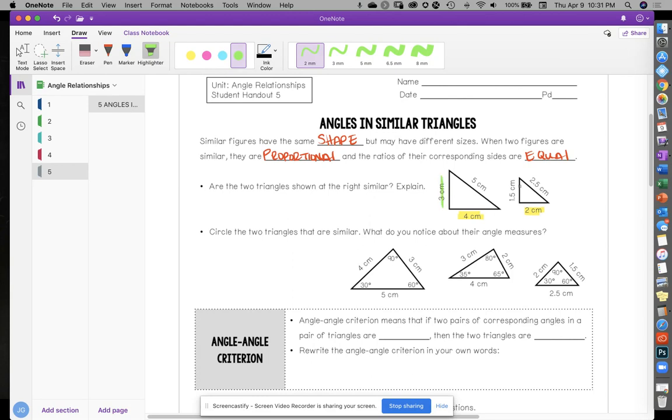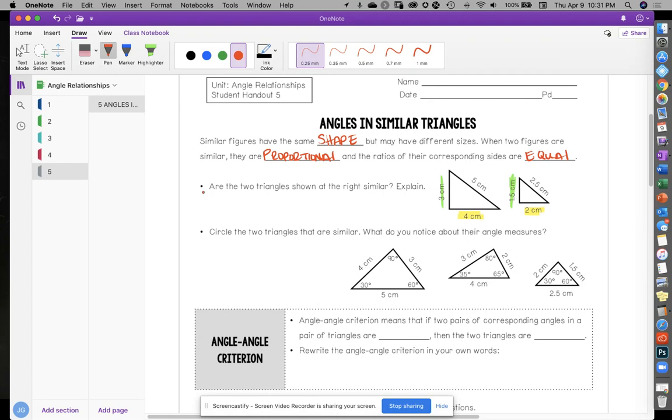So we have 3 centimeters and 1.5 centimeters. What is half of 3? It's 1.5. So yes, these are similar because they were reduced all at the same amount. What you don't want to see is that the bottom was reduced in half and then the other side was not, because then they're no longer proportional.